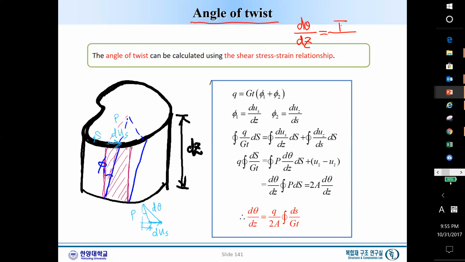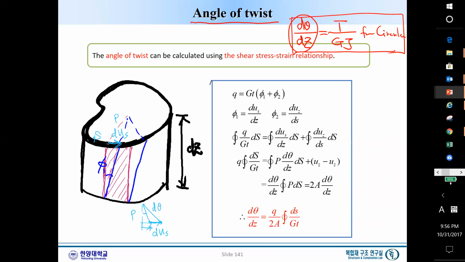Last time we derived T over GJ. That was for circular cross sections, right? So that was the equation. Now, what we would like to derive is this d theta over dz, but for the thin wall shaft.